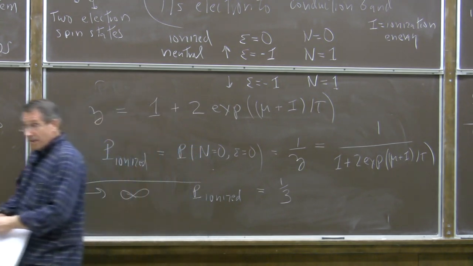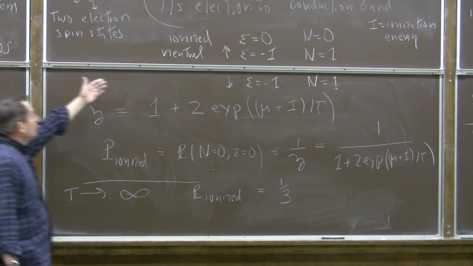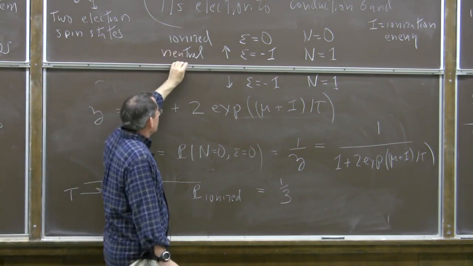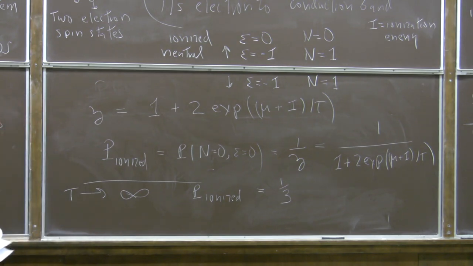So in that case, where the temperature is really large, there are three states, and the three states are equally likely. So the one ionized state and the two neutral states are all of the same probability, so the probability of being ionized is a third.